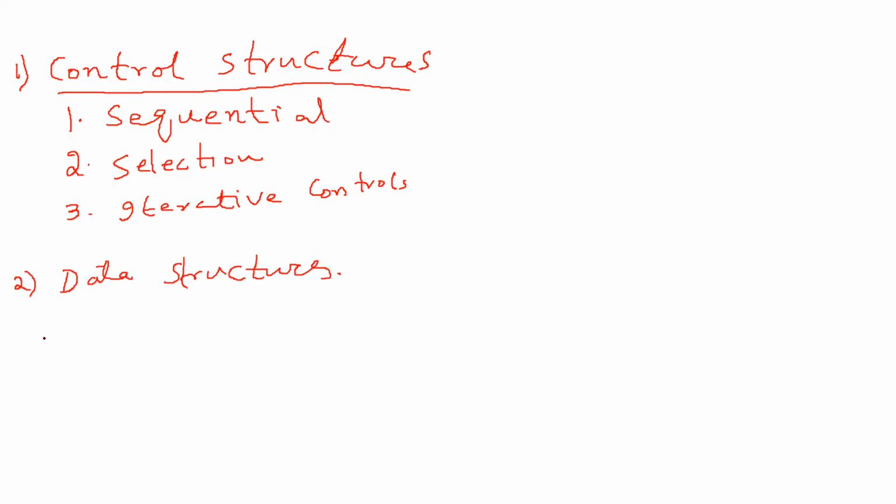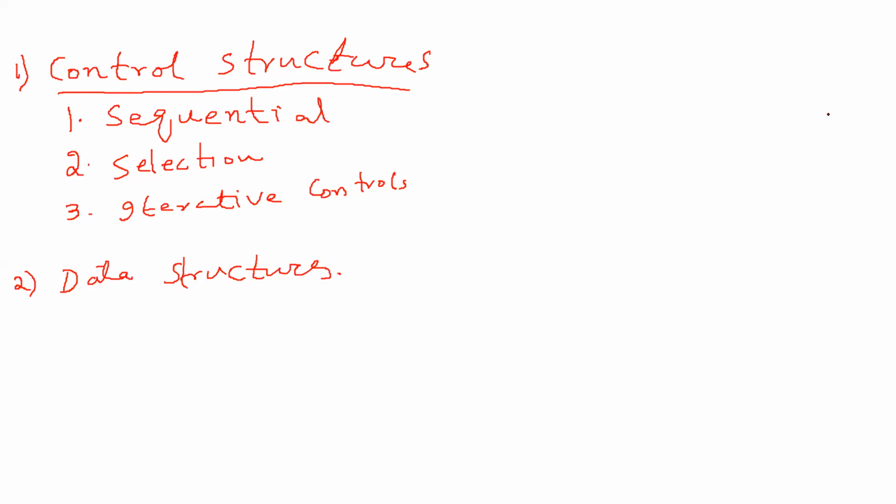Or there is a possibility that you are already learning the course of data structures in this semester. I have no idea about that, right? But I have to teach control structures here. Control structures are very fundamental elements of programming. All of you have to understand these 3 types of control structures.